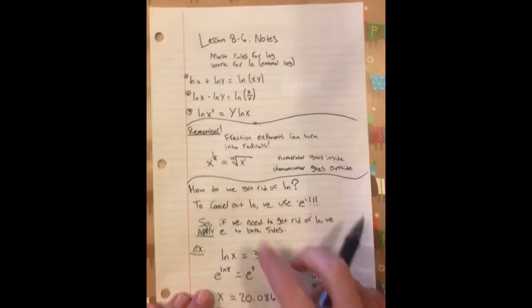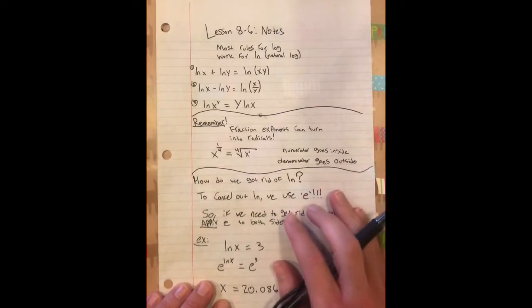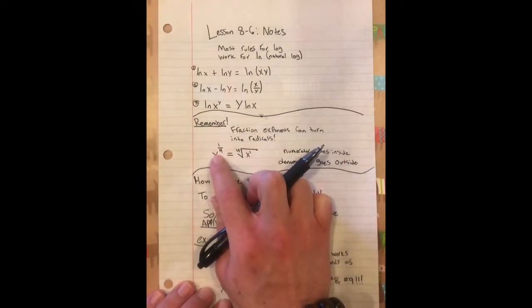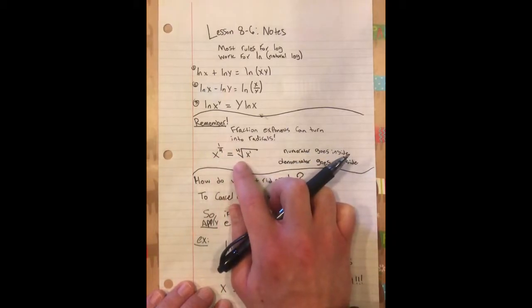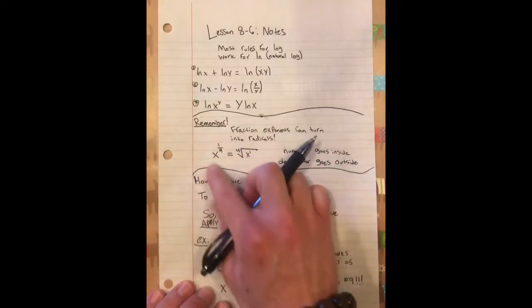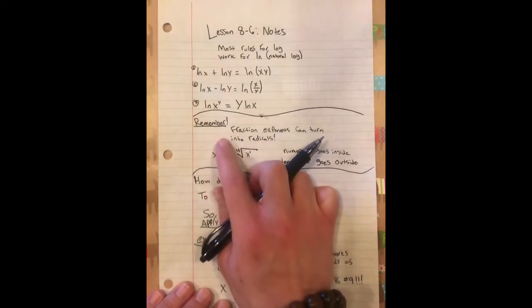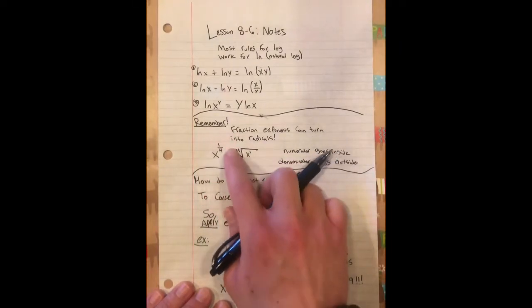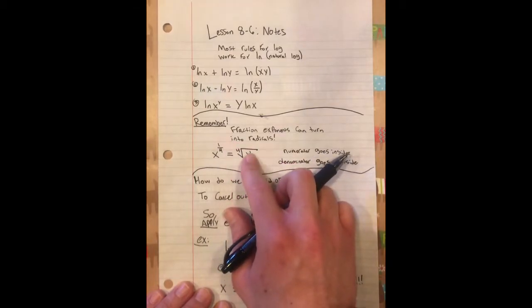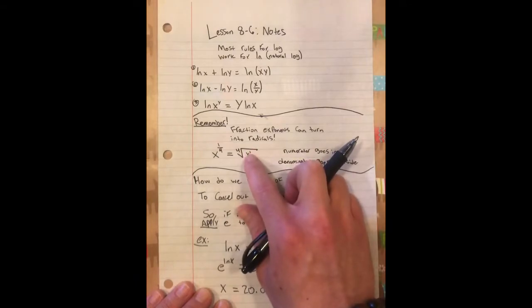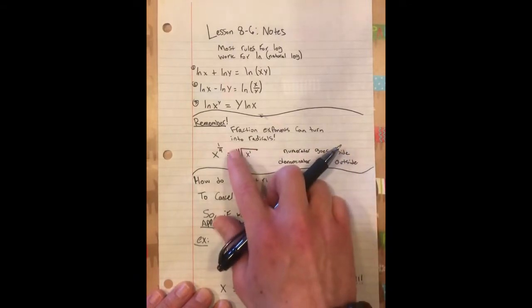Another thing you should know going into this lesson is remembering that fraction exponents can turn into radicals. Here's an example. I use this example specifically because you will see it in this lesson. x to the 1/4 can turn into the 4th root of x to the 1st power. The rule of thumb here is numerator goes on the inside, denominator goes on the outside.